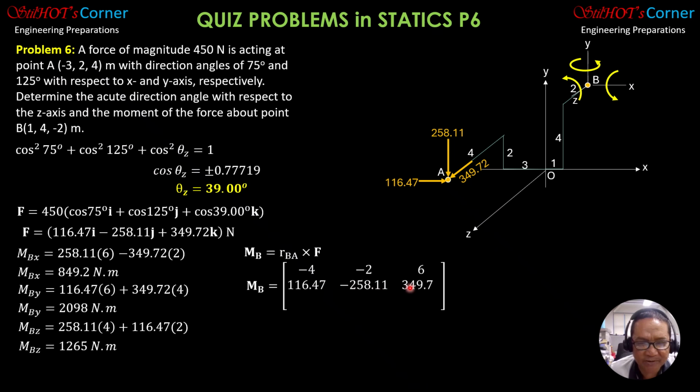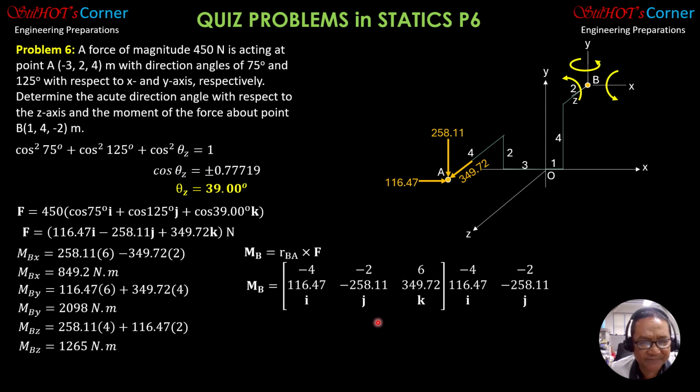Then the components of the force, then the i, j, k unit vectors, then copy the elements of the first two columns. Let's evaluate just like the basket method in computing the determinant of a 3 by 3 matrix. For i, 349.72 times negative 2, then minus negative 258.11 times 6, so that's plus 258.11 times 6.